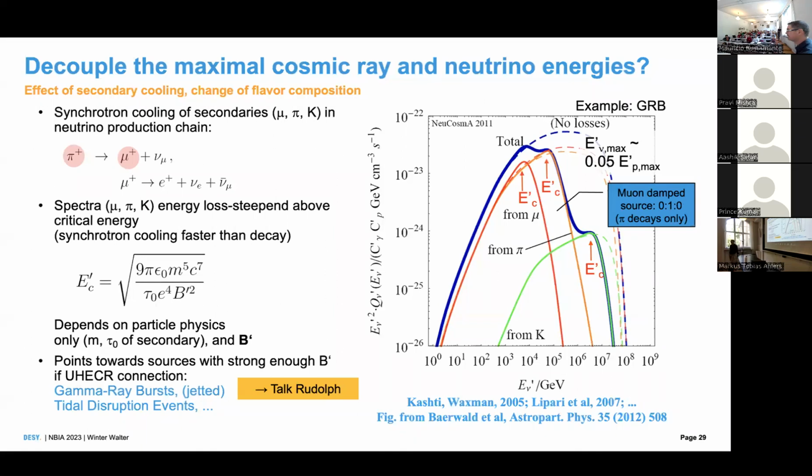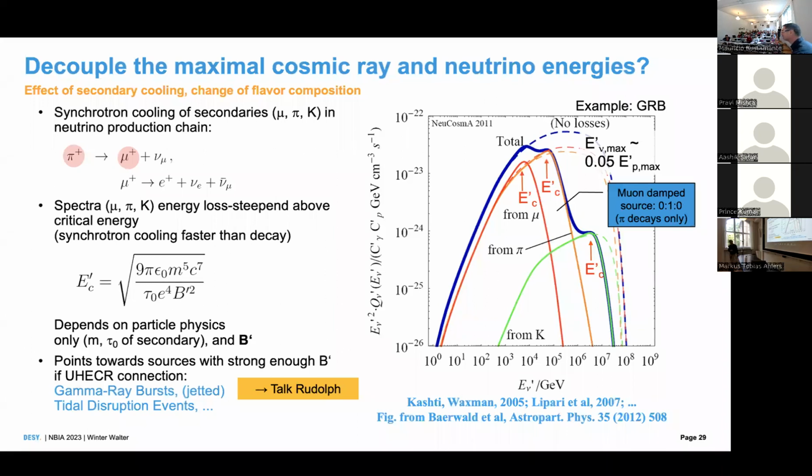In practice, of course, you have different sources contributing, and there will be some kind of smearing out. But even in IceCube there are considerations to nail down this effect by putting a cut in energy and then looking at the flavor composition at low energies versus at high energies, as far as I understand. So they are trying to look for this kind of effect.